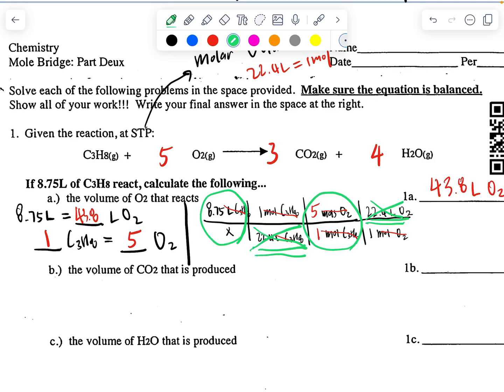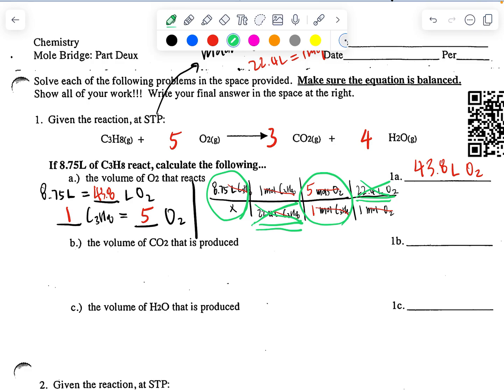Okay, so with that idea, I'm gonna actually apply that to the next one. I'm gonna show you what I mean by that. So my original given amount here is 8.75 liters. And I'm gonna take that, and what's the mole bridge between C3H8 and CO2? I'm gonna highlight it. It's right here, and CO2 right here.